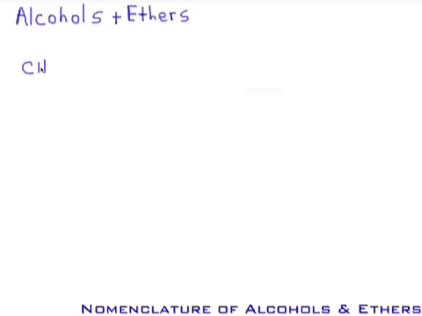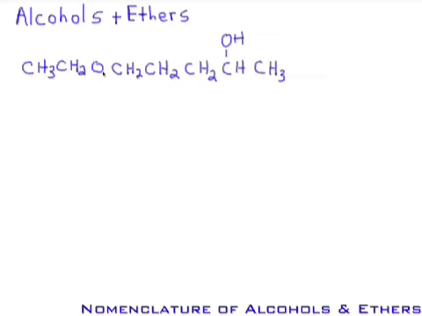And if we have both an ether and an alcohol that we have to name, we put the alcohol functional group in the root, and we bring the ether functional group up front as a prefix. So I find the longest carbon chain with the highest priority group on it.